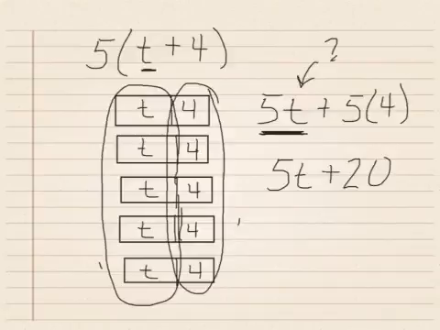If T equaled 5, we could substitute this value in for T. Or, let's say the tickets cost $7 or $8. What we already have is simplified so that we can substitute whatever the value of that ticket is to find the total cost.